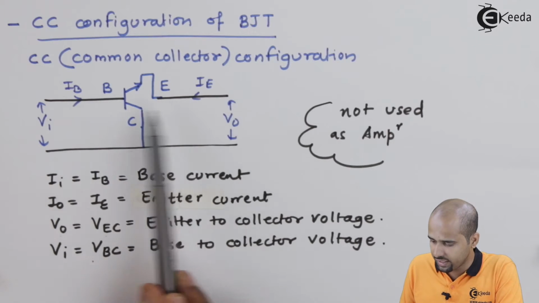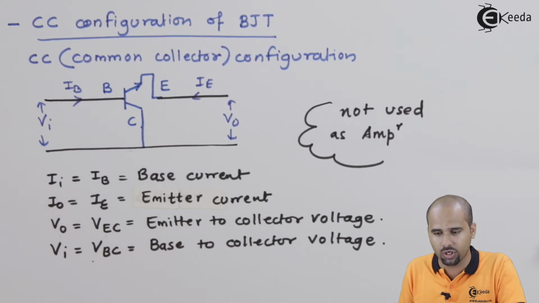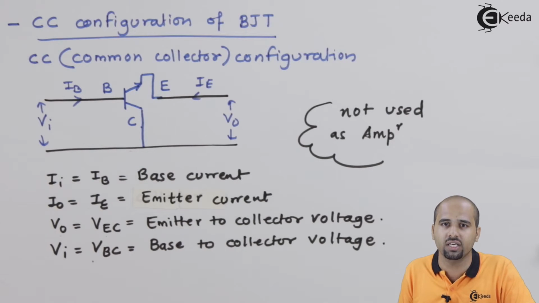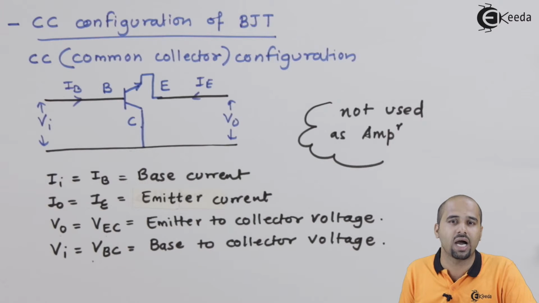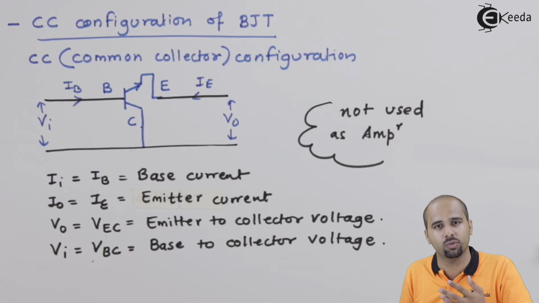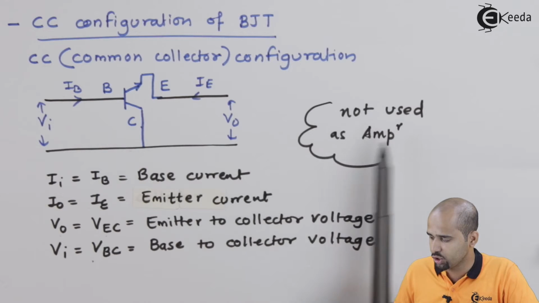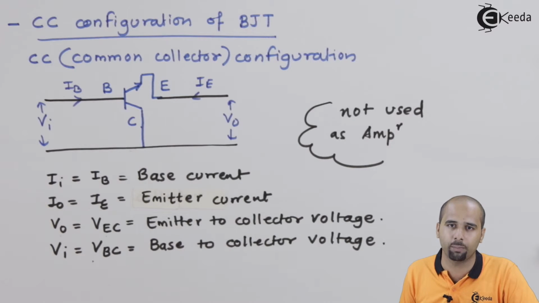If you compare the current gain, then current gain is very high out of these three configurations. If you compare voltage and current gain simultaneously, then your power gain is not high, it's moderate. So these are the characteristics, and on the basis of these characteristics we are saying that this is not used as an amplifier. Let us again come to the characteristics of this CC configuration.